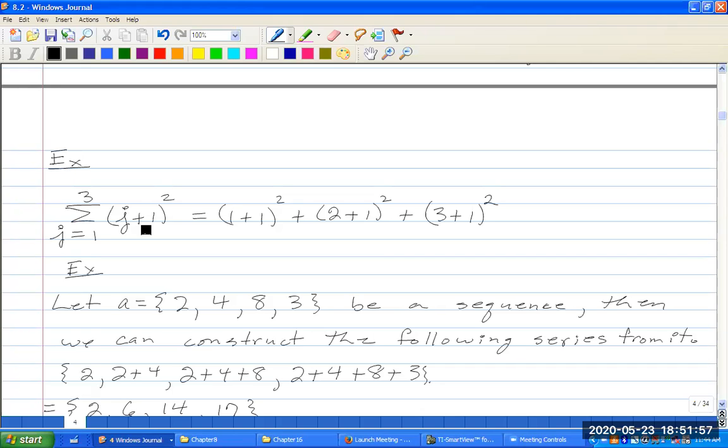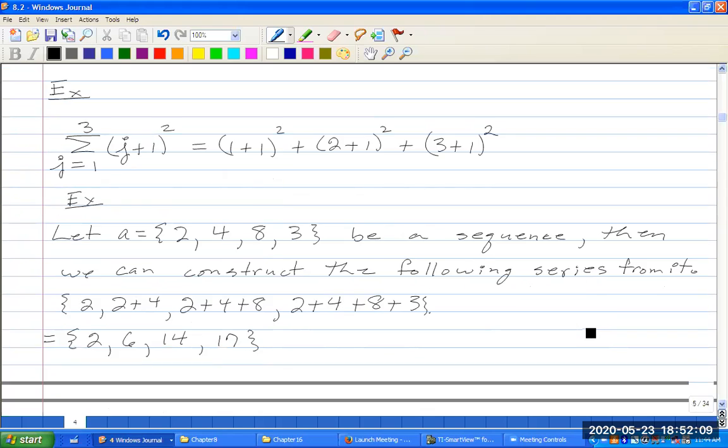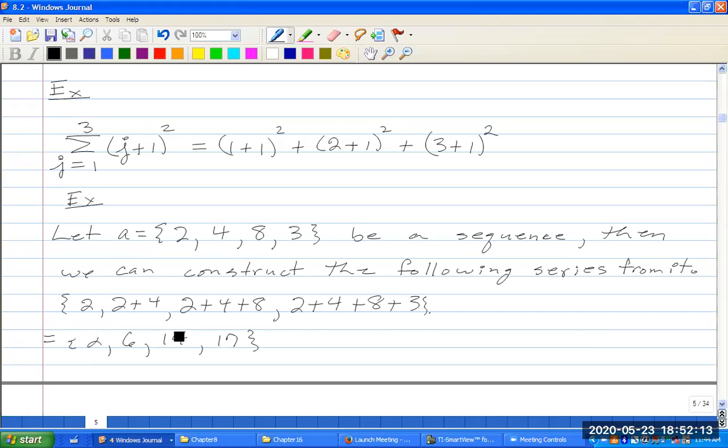Let's do an example. Let a equaling 2, 4, 8, 3 be a sequence. Then we can construct the following series from this sequence. And so we get the sequence of partial sums.